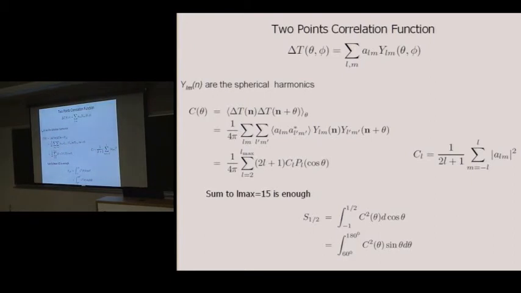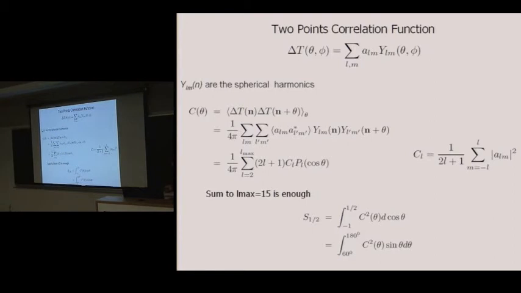The statistic, the so-called S_1/2, is defined in this form. The one half comes from the upper limit of this integral of C of theta squared. If cosine theta runs from -1 to 1/2, then theta is integrated from 60 degrees to 180 degrees.